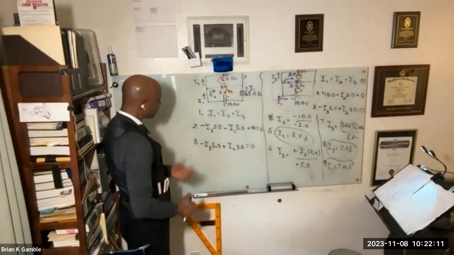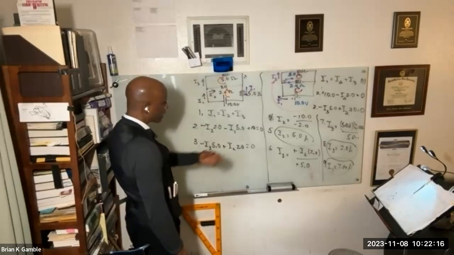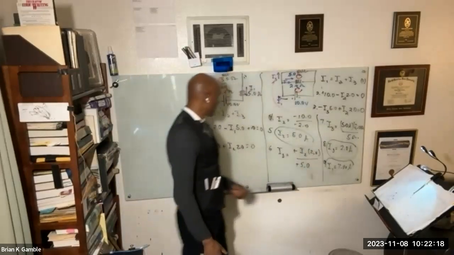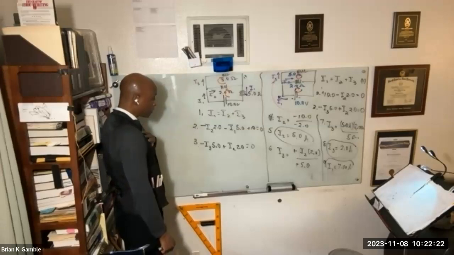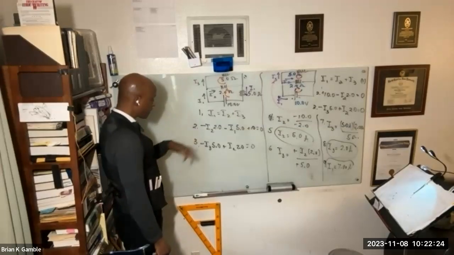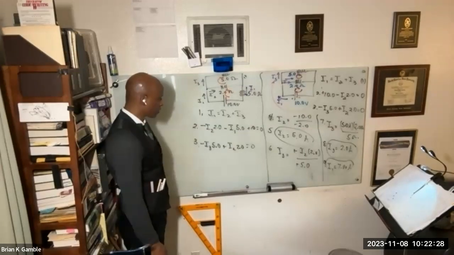I have to solve. It shows how these work. Here, I could just solve for I2 directly, but here I've got two unknowns. So I've got to do some manipulation. So what I would do is add the two equations. I've got minus I2 times 2.0 here, plus I2 times 2.0 here.